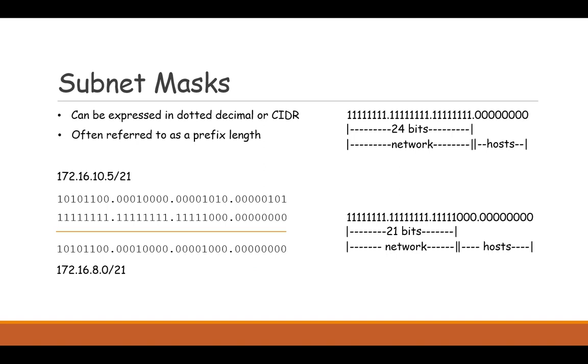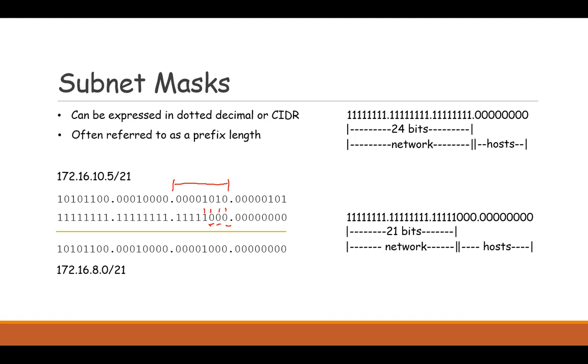Now, the second method is to determine what the stepping interval is of the networks. Here, in the third octet, we have 3 bits here for host identifiers. So we count the value places in binary. So 1, 2, 4, 8, up to where we get to the first 1 in the mask.